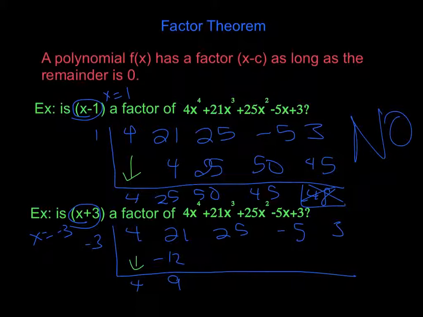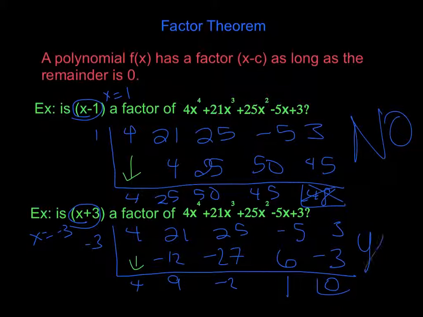Negative 3 times 9 is negative 27. 25 minus 27 is negative 2. Negative 3 times negative 2 is 6. Negative 5 plus 6 is 1. Negative 3 times 1 is negative 3. 3 minus 3 is 0. So this one is a factor. That means it crosses the x-axis at negative 3.